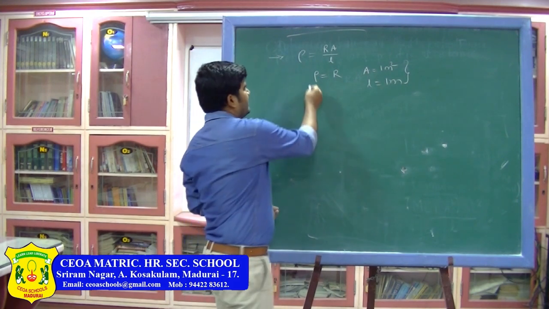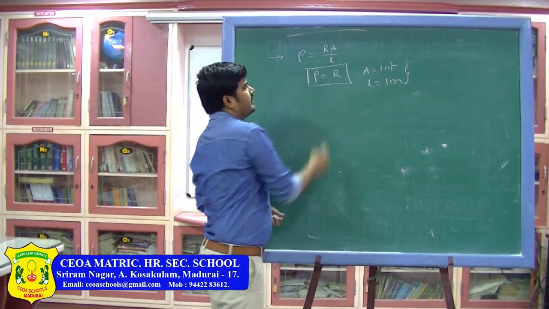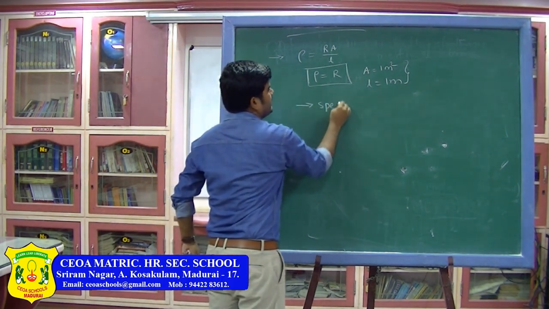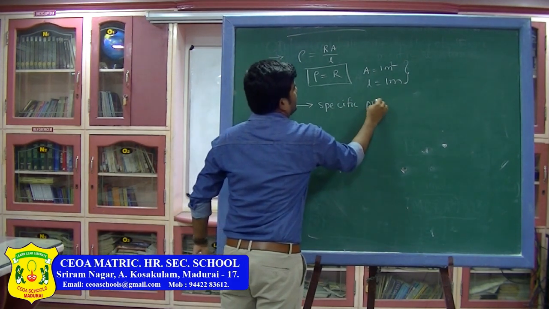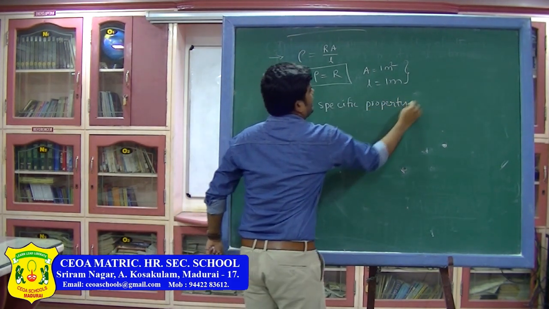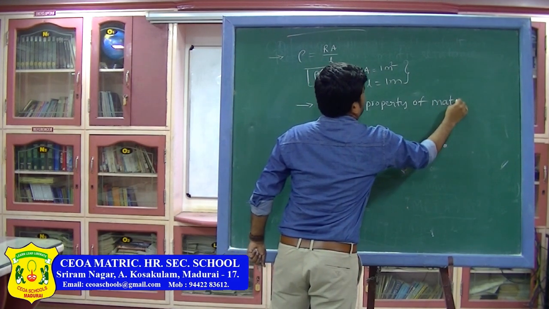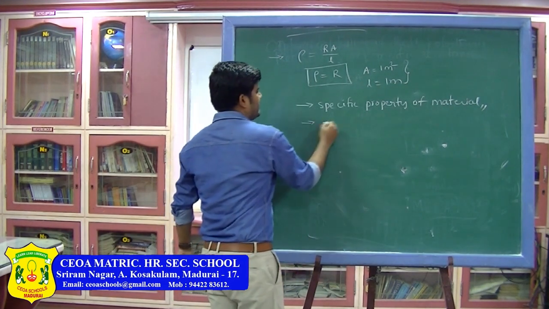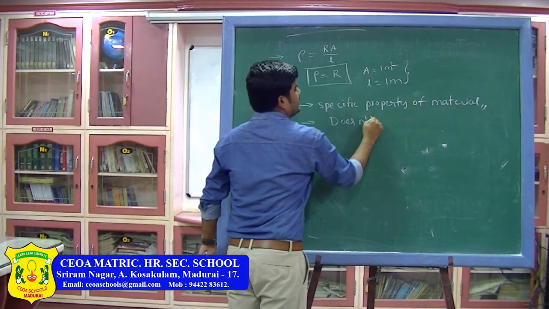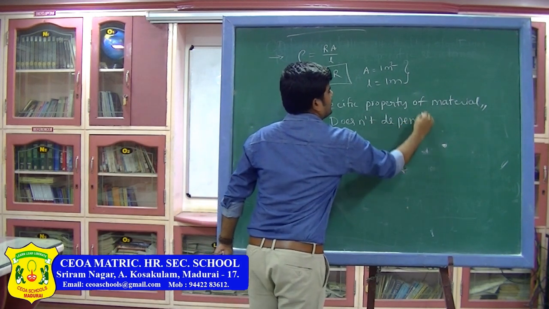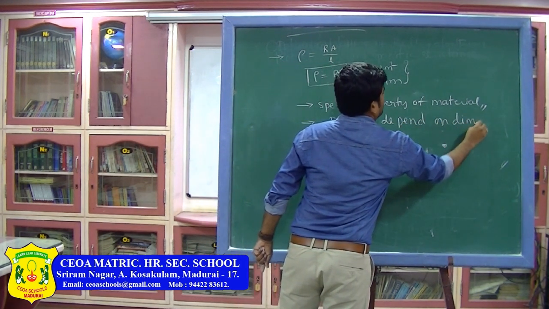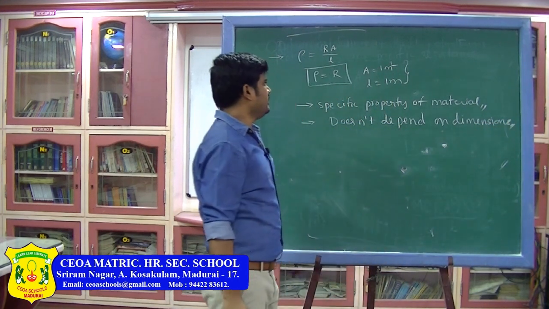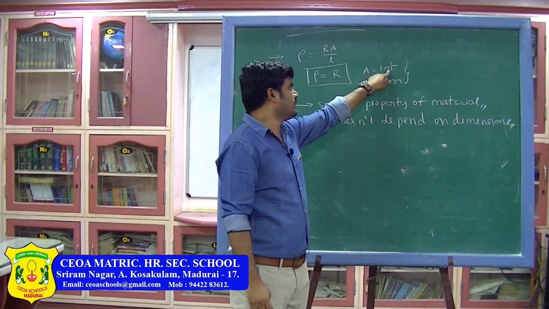Remember, electrical resistivity is a very important physical quantity, and it is known as the specific property of the material. It does not depend on dimensions of the material, that means it does not depend on area and length, because we are defining it for unit length and unit area of cross section.